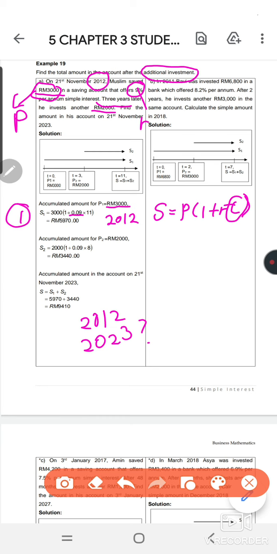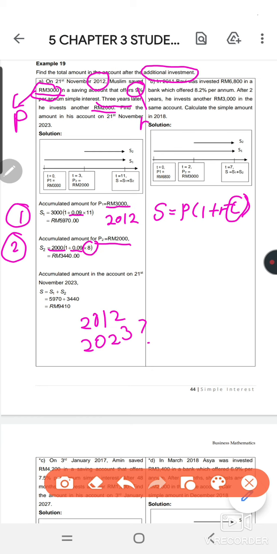Next, S2. S2 is 2,000. Sebab apa? Dia dah tambah 3 years later, he invests another 2,000. Maksudnya sekarang ni 3 tahun kemudian dia tambahkan 2,000. So kita kira pula untuk P nilai 2,000. So 2,000 times (1 plus 0.09), interest rate still sama, and then multiply by 8.